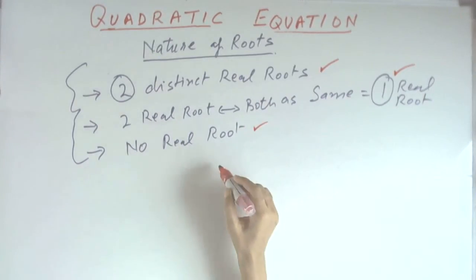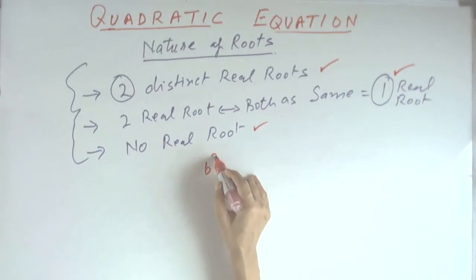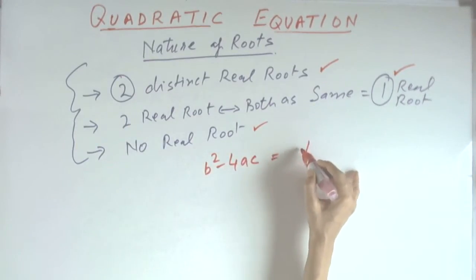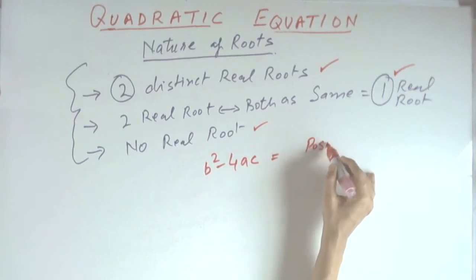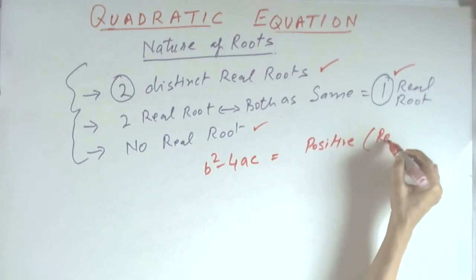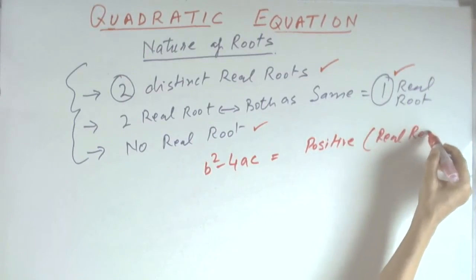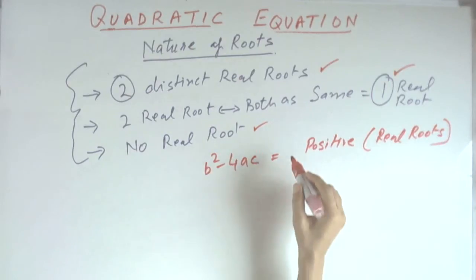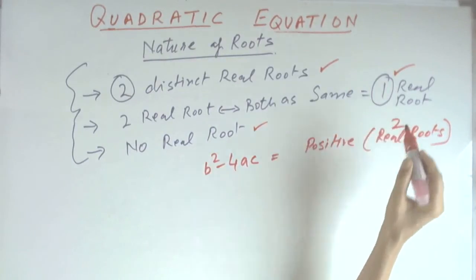In case of formula, we can examine: if b square minus 4ac is positive, then it means real roots. How many? Two real roots.